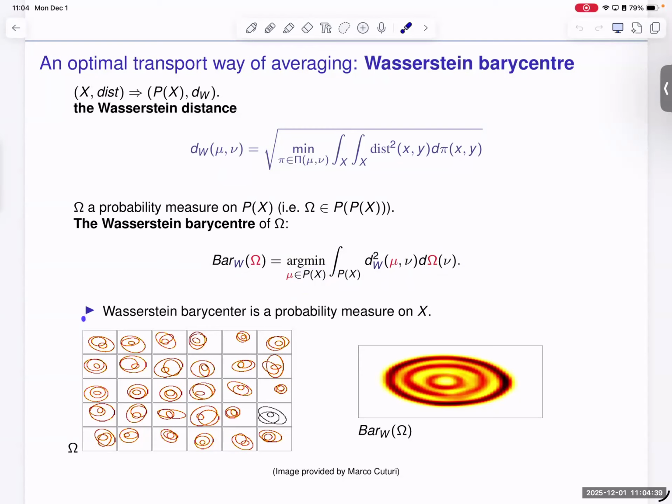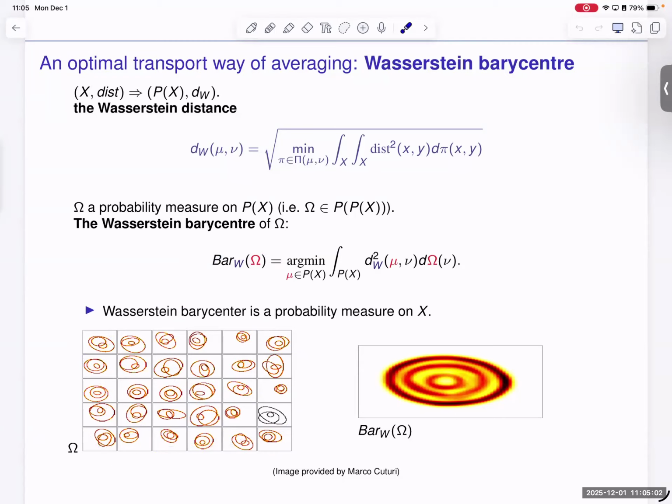In some examples, this Wasserstein barycenter has very nice features. Like we consider this example that if you have many images, then you can view these images as a distribution on the space of images.